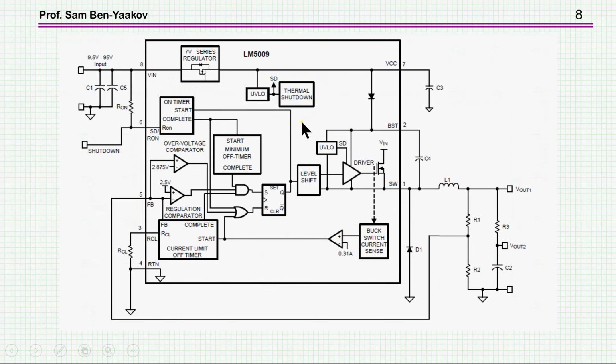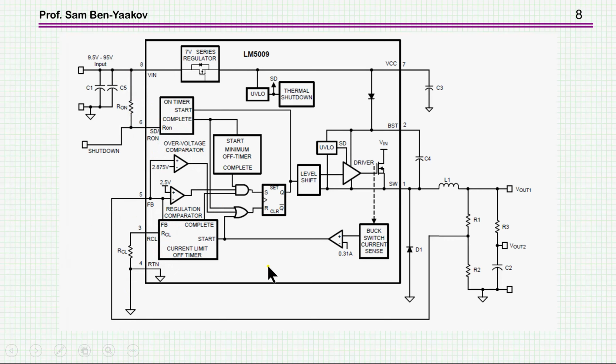So here is the internal unit, and what we are interested in is, of course, the switch, the comparator, and the feedback coming in here, which is generating the on time as a function of this resistor R on.